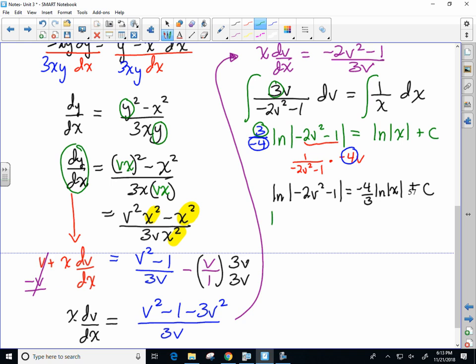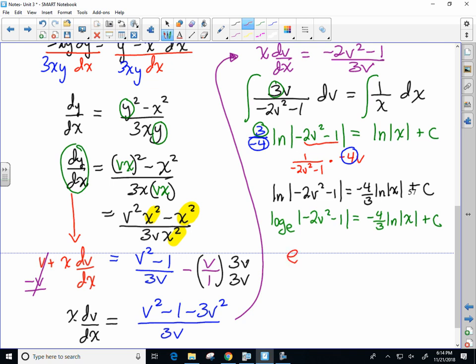Rewrite log base e of negative 2v squared minus 1. Convert over into exponential form.